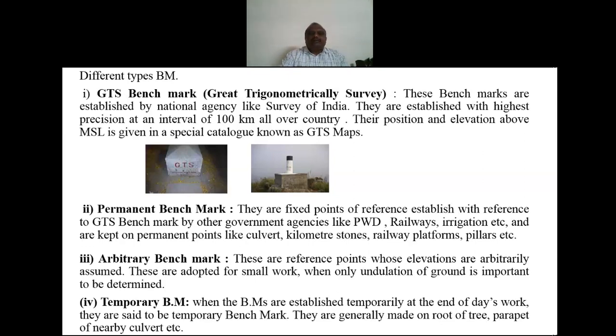These are reference points whose elevations are arbitrarily assumed. These are adopted for small work when only undulation of ground is important to be determined.